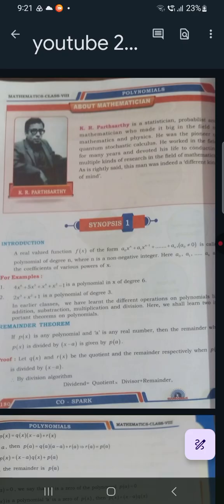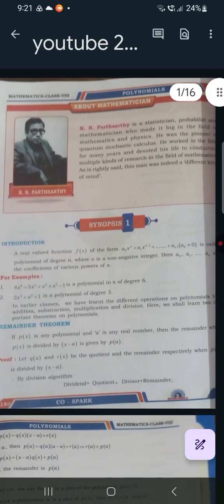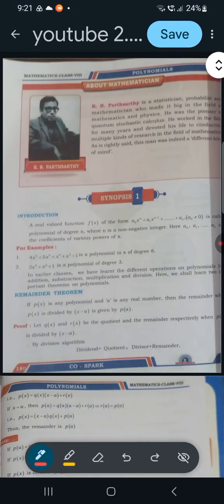If f of x is a polynomial and a is any real number, then the remainder when f of x is divided by x minus a is given by p of a. I'm going to explain it by writing it down on the page.